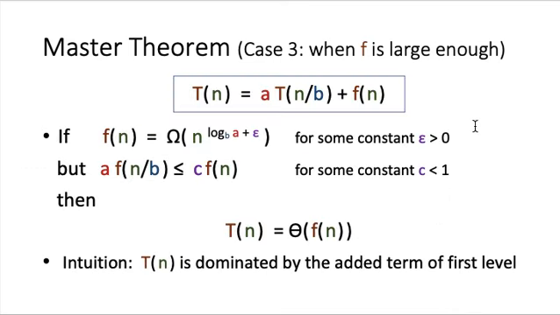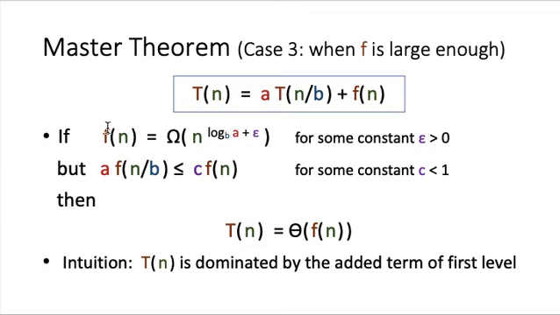Now for the third one, this time f is large enough, but not too large, as we will see. First of all, when you compare f of n with n to the power log a base b, we find that f of n is greater than or equal to n to the power log a base b plus a little bit of epsilon. So f of n is much larger than the number of leaves in the recursion tree.